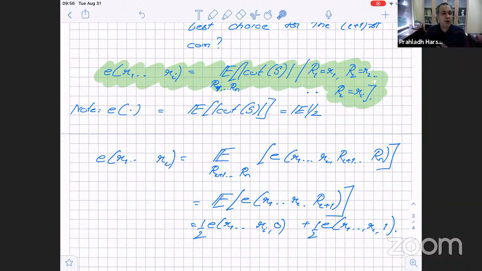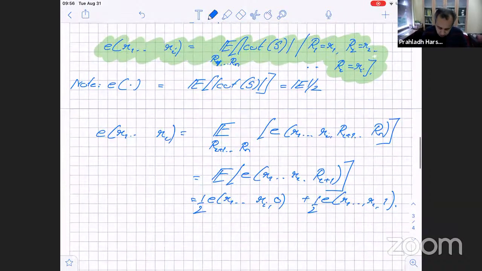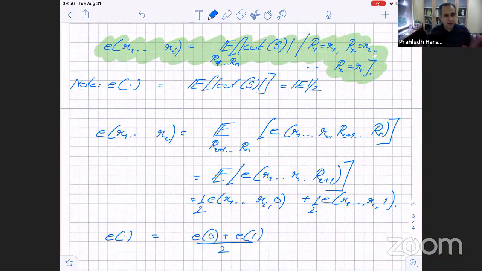Now suppose we have already made this. Because of this, I know that E of this one is E of 0 plus E of 1 by 2. That's the first experiment. That's just the instantiation of the above thing when i is 0. Now we know these three quantities.